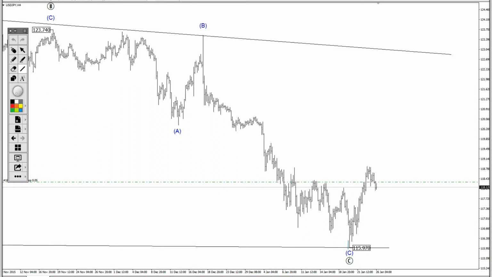So perhaps we are expecting now a 5-wave structure first, then a 3-wave pullback, and then another 5-wave structure. Of course, if we look at the previous price action, it has been quite choppy, so this can be hard to trade, nerve-wracking trade to pull off.